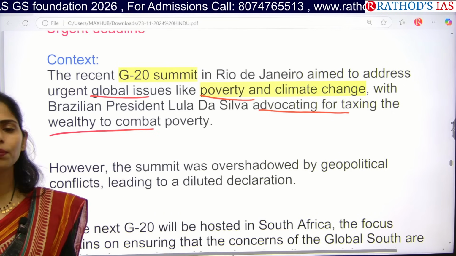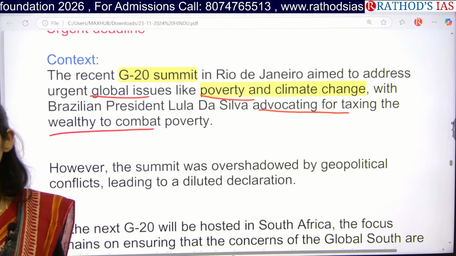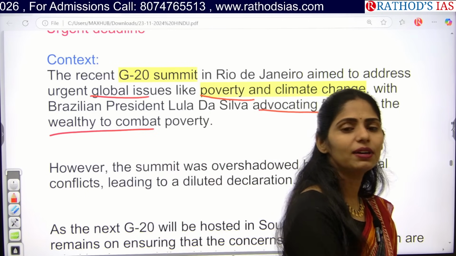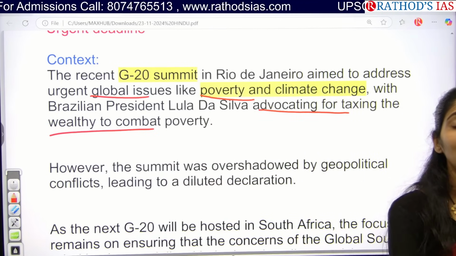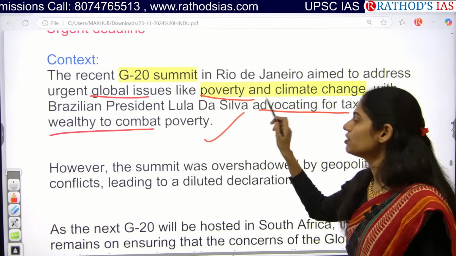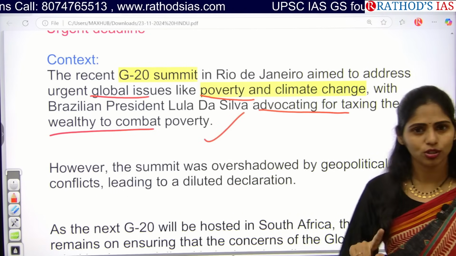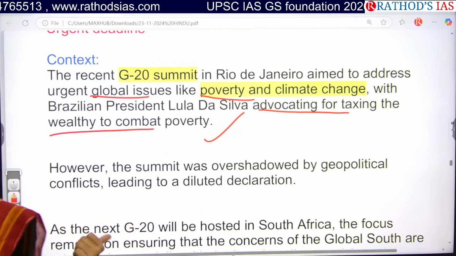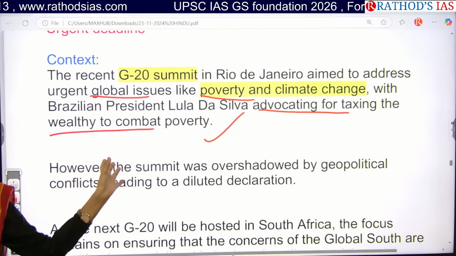So this is one of the important reasons for poverty, especially in Africa and even in India, right? So because of this, now Brazil advocated that developed countries or wealthy nations have to give some finance to combat poverty. So can you accept it? Is it right or not? Can you accept the reason behind this?